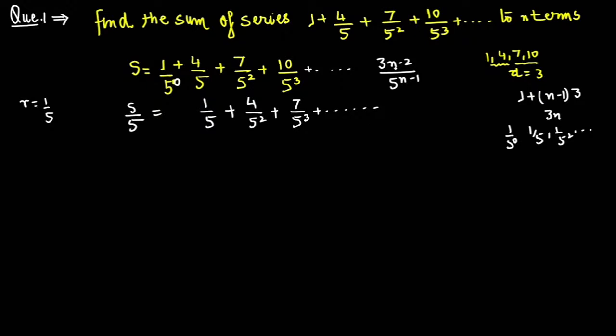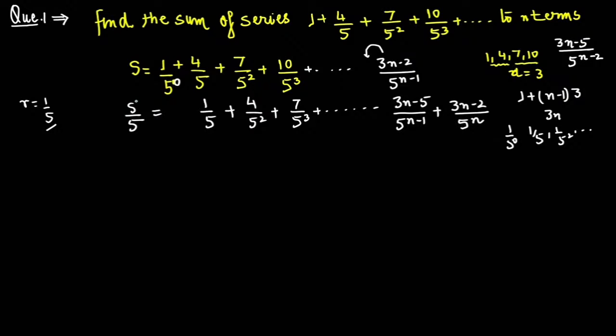If I ask what is the term just before this, your reply will be that the common difference is 3. So subtract in the AP, 3n minus 5, and the (n minus 1)th term of the GP will be 5 to the power n minus 2. When multiplied by 1 by 5, it becomes (3n minus 5) divided by 5 to the power n minus 1. And this term gets shifted, (3n minus 2) by 5 to the power n minus 1, when multiplied by 1 by 5, becomes 5 to the power n.